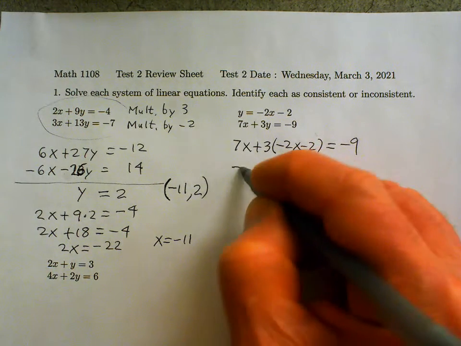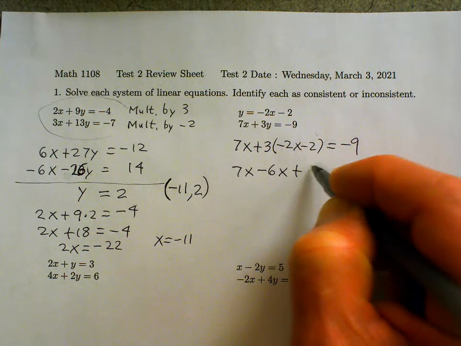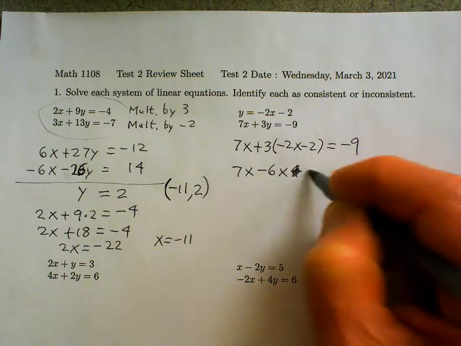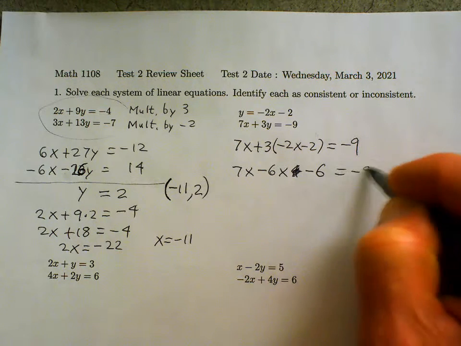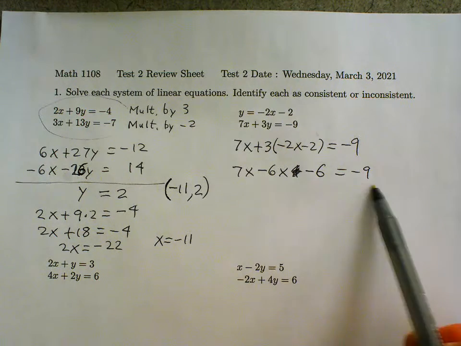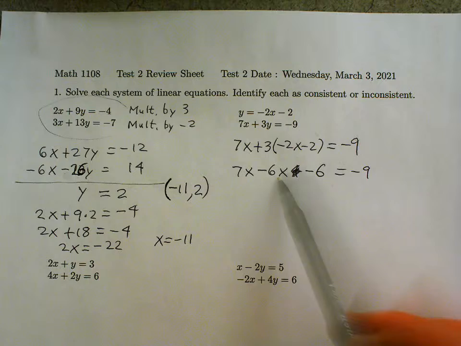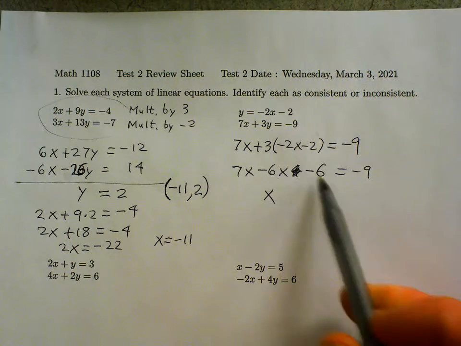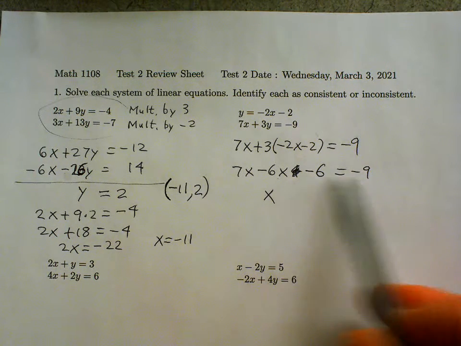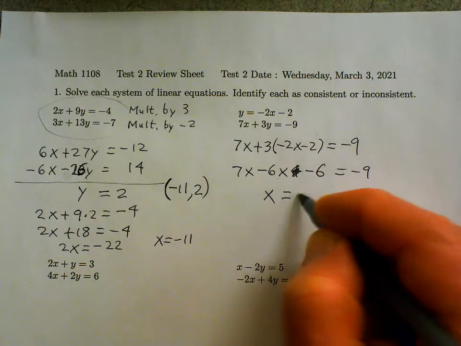We get 7x minus 6x minus 6 equals -9, because 3 times -2 is -6. And in the next step, we can do 2 things at once. Simplify 7x minus 6x to get x, and also add 6 to both sides. So we get x equals -3.